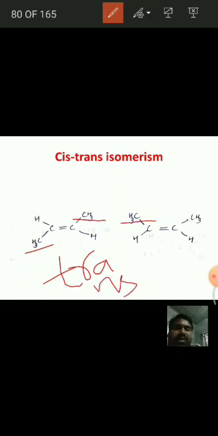Next, for assigning this type of molecule, this methyl group is on the opposite side, hence it is trans. Here the two methyl groups are on the same side, hence it is cis.